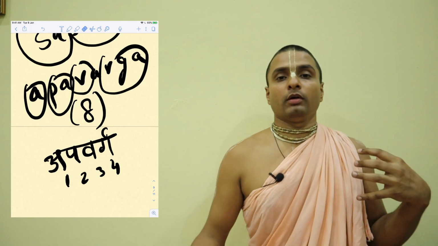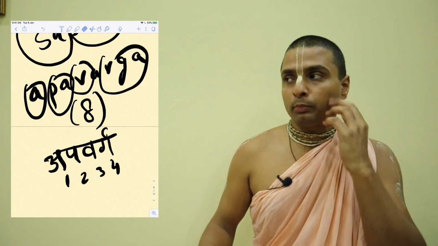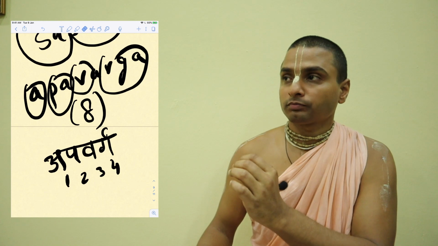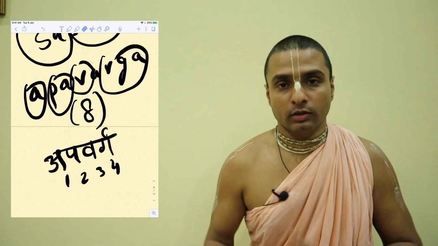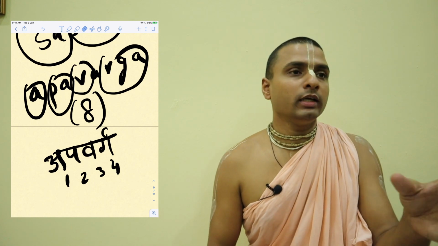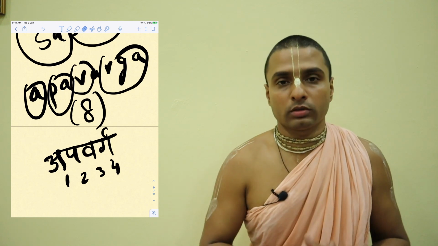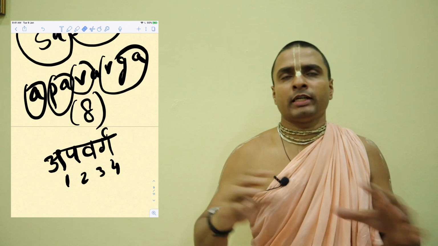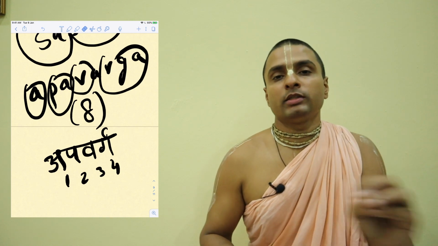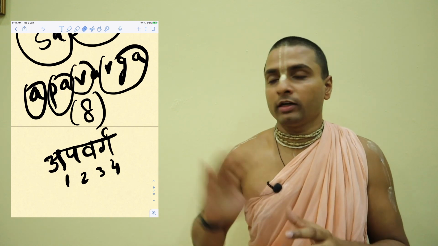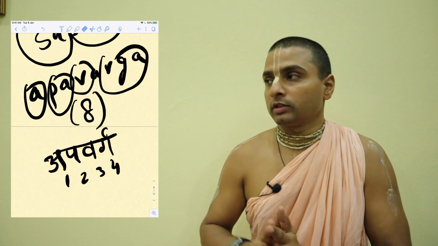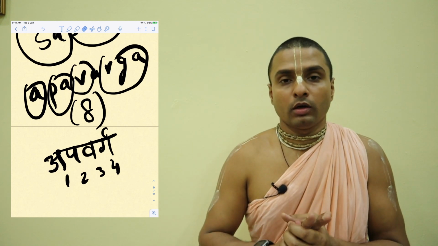Suppose a poor man comes and donates $10 here, and his daily wage may be $12. Let's take a better number. His daily wage is $10 and he's putting $8. So 80% of his daily wage he's putting here.